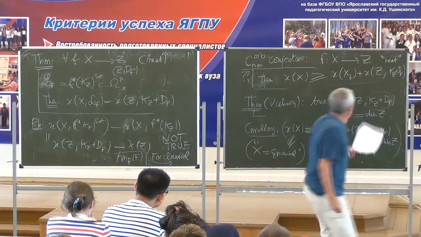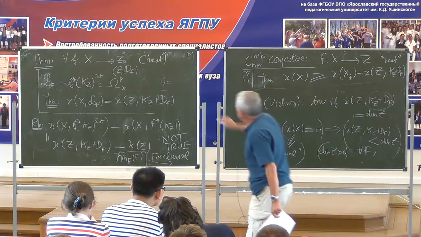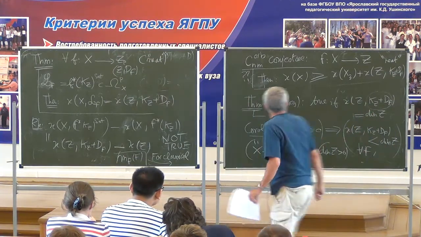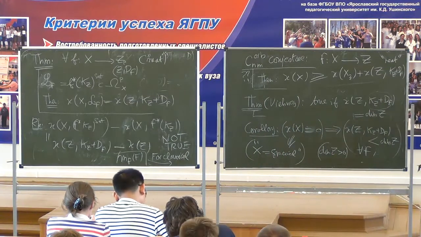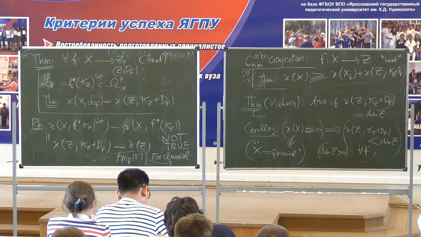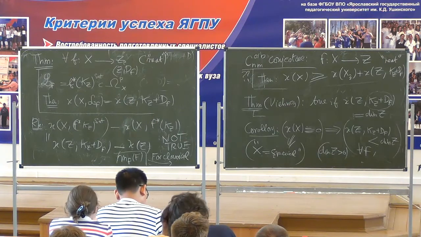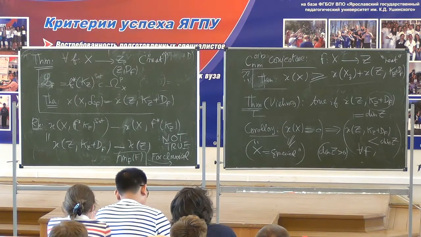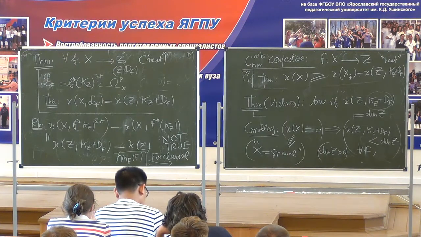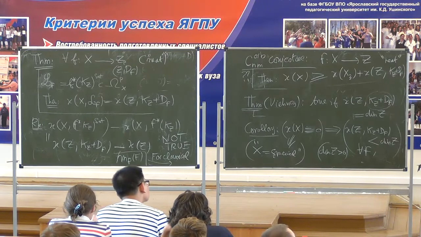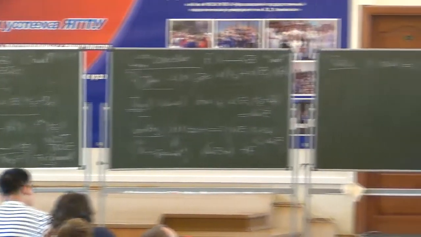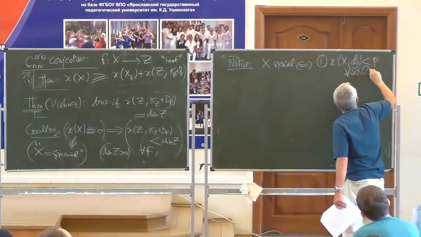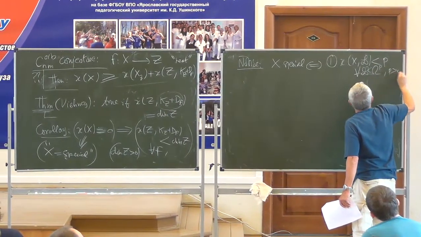Yes, because I should have mentioned it at this place. Now notice, we have two definitions for X being special. X special is equivalent to: first, κ(X, L) is strictly less than p for any L in Ω^p, rank 1, and p positive.